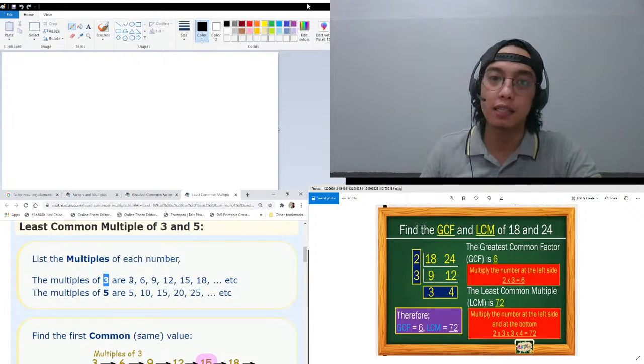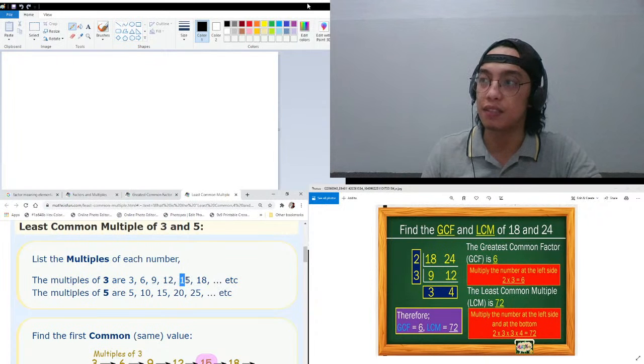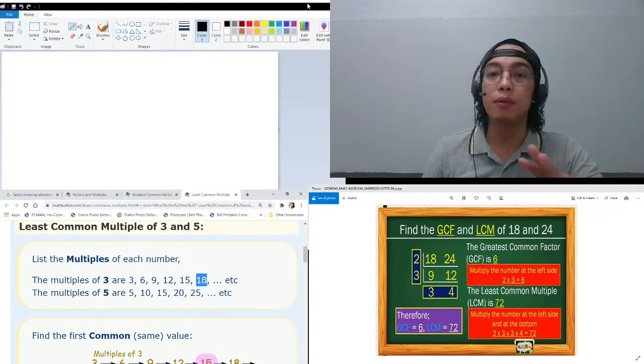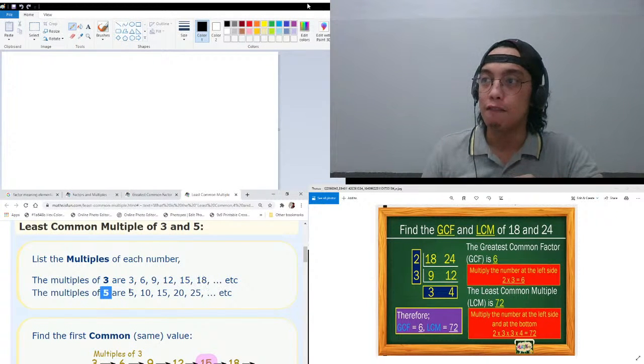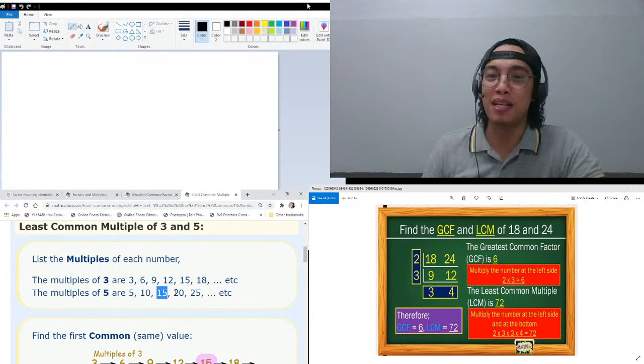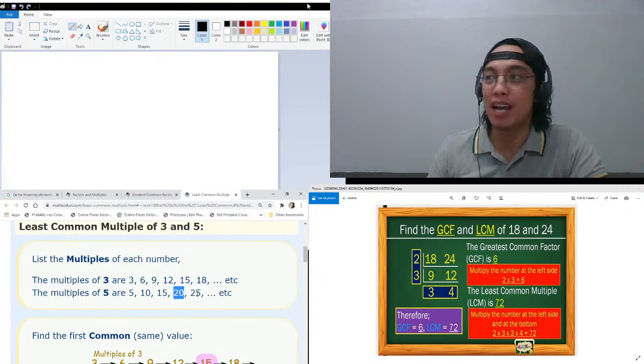Start as a 3, plus 3, 6, plus 3, 9, plus 3, 12, plus 3, 15, plus 3, 18, and so on. The multiples of 5. 5, plus 5, 10, plus 5, 15, plus 5, 20, plus 5, 25.